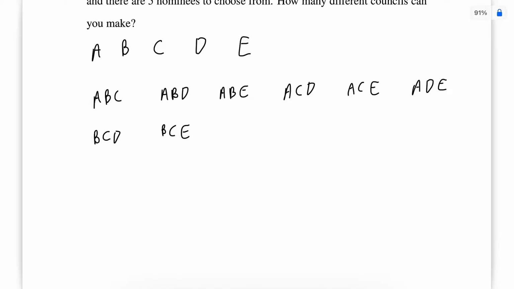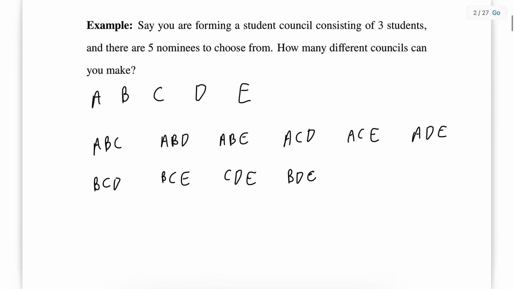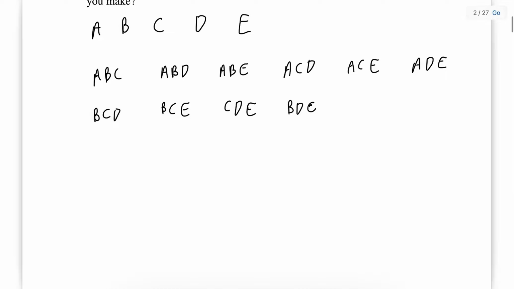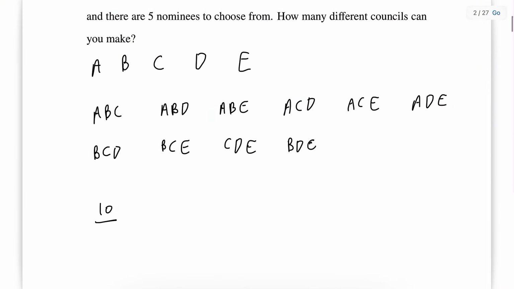That's all the ones we can do now with just B and C. Now we have CDE. And we have BDE as well. And I believe that is all the possible combinations that we have. Okay, so this is all the councils we can make. So our final answer, just counting this up, is 10. Okay, 10 different councils that we can make.